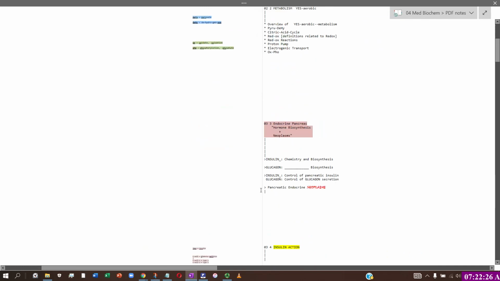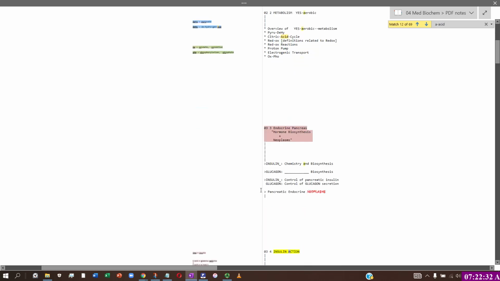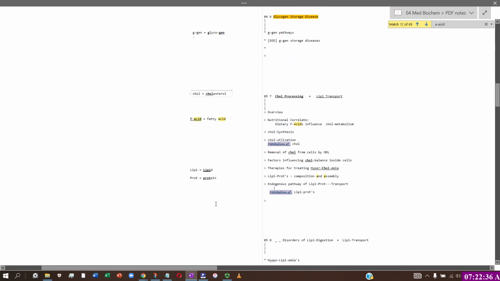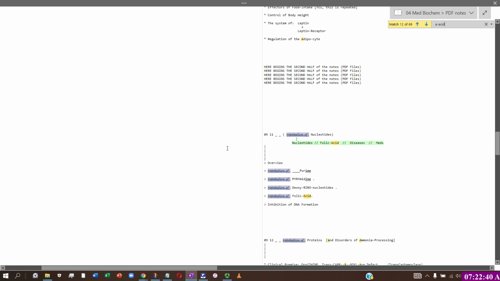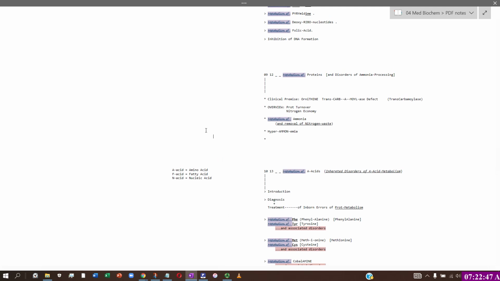I have written a key of some of the shorthand abbreviations or my own notations that I use. We'll encounter that later.